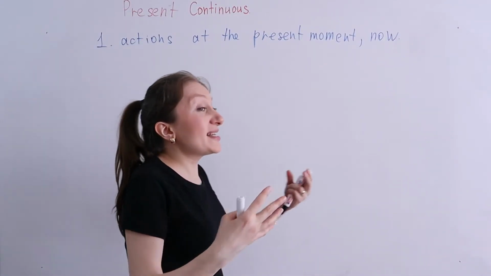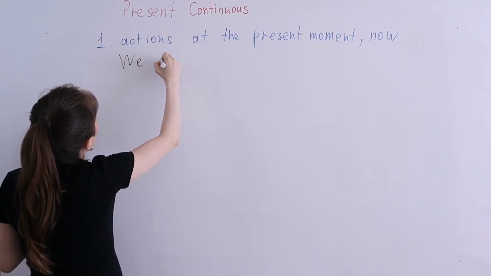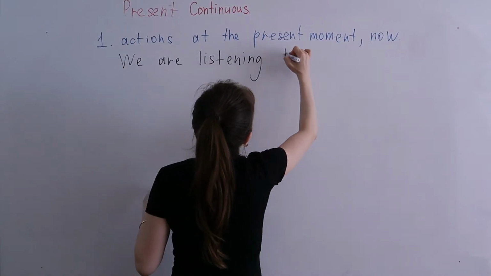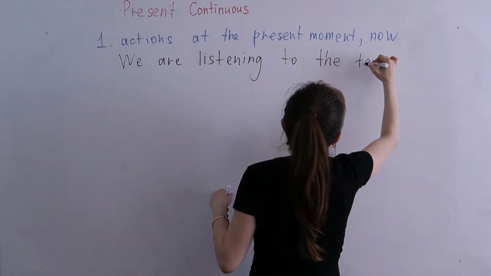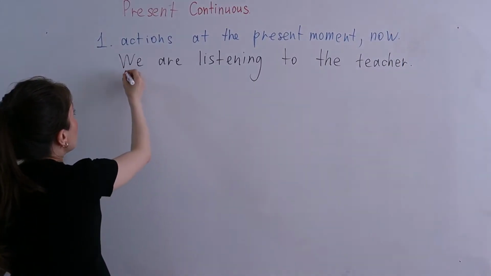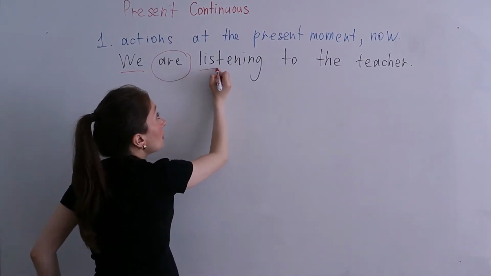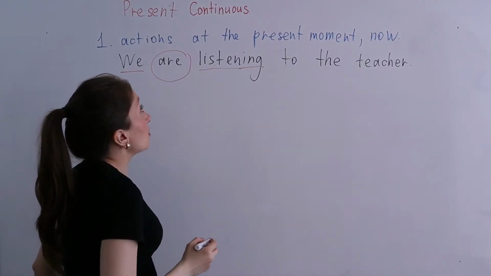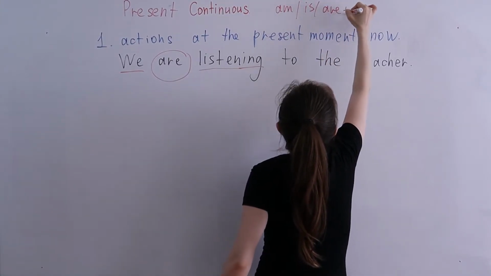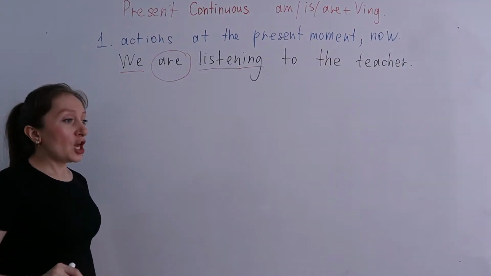Or we are sitting and listening. Let me write it for you. The example: we are listening to the teacher, right? So you have we as your subject, are our verb to be and our verb listen with ing ending, right? You remember the construction. Am, is, are plus verb ing. All right? We are listening to the teacher.